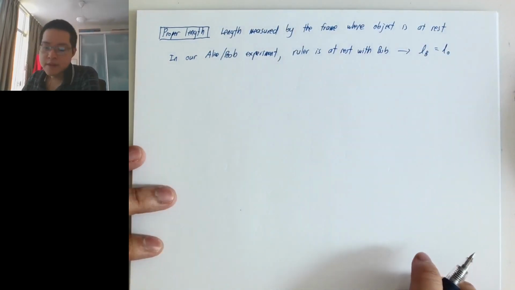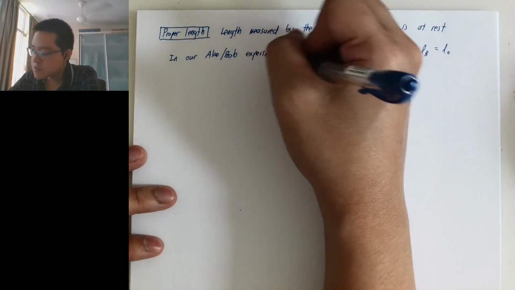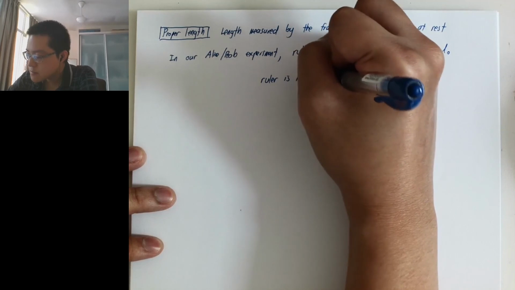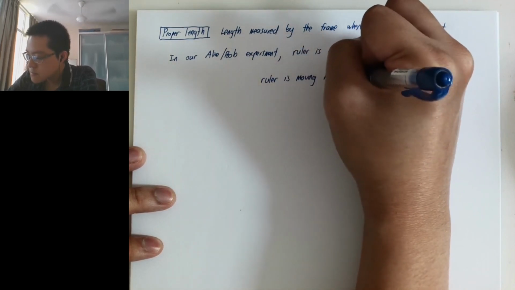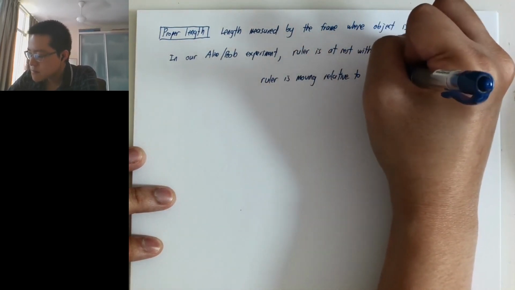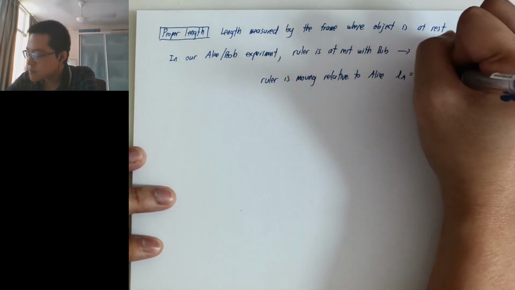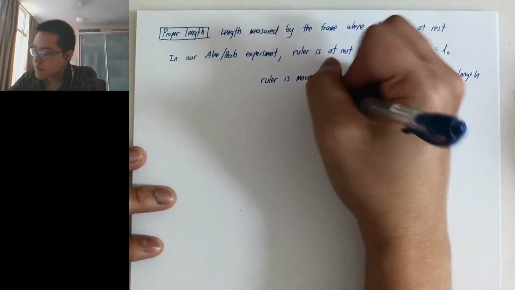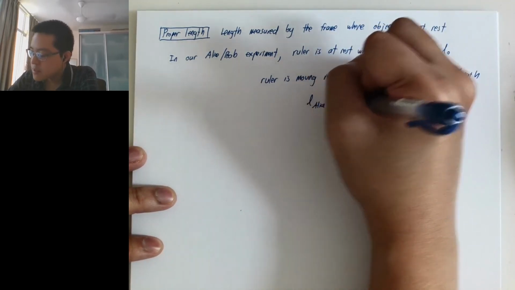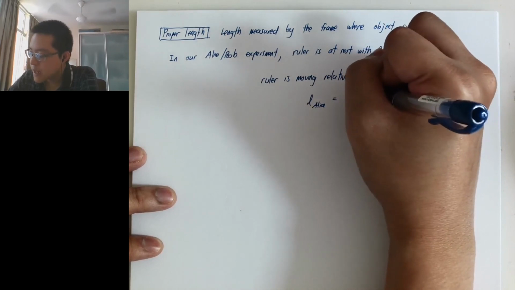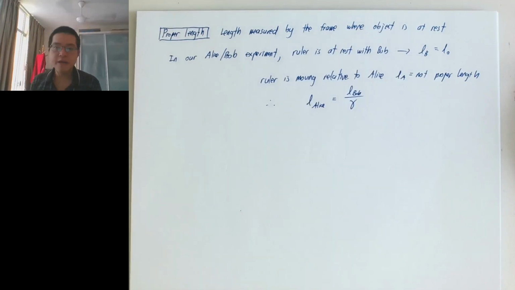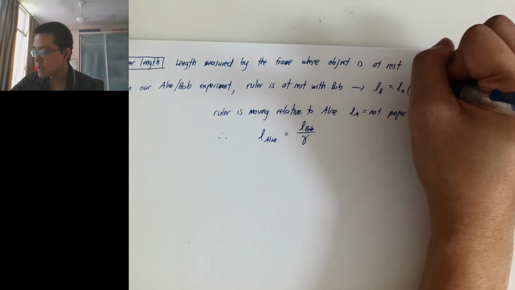Clearly the ruler is moving relative to Alice, so Alice does not measure the proper length. Alice's measurement is the proper length of Bob divided by gamma. So this is how we identify who has the proper length. Bob has the proper length.